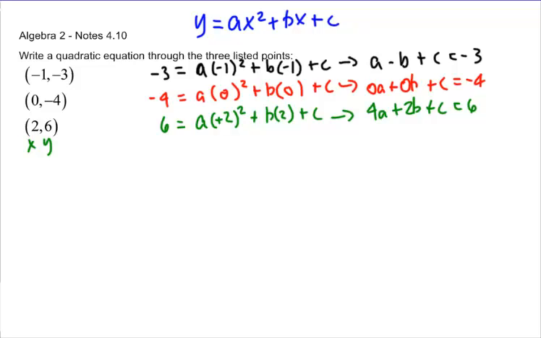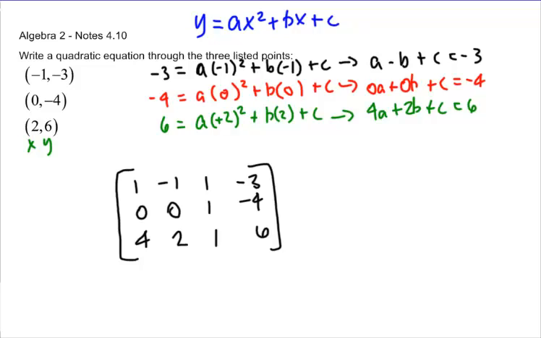So your matrix then is going to look like this: 1, -1, 1, and -3. And then 0, 0, 1, -4. And then 4, 2, 1, and 6.